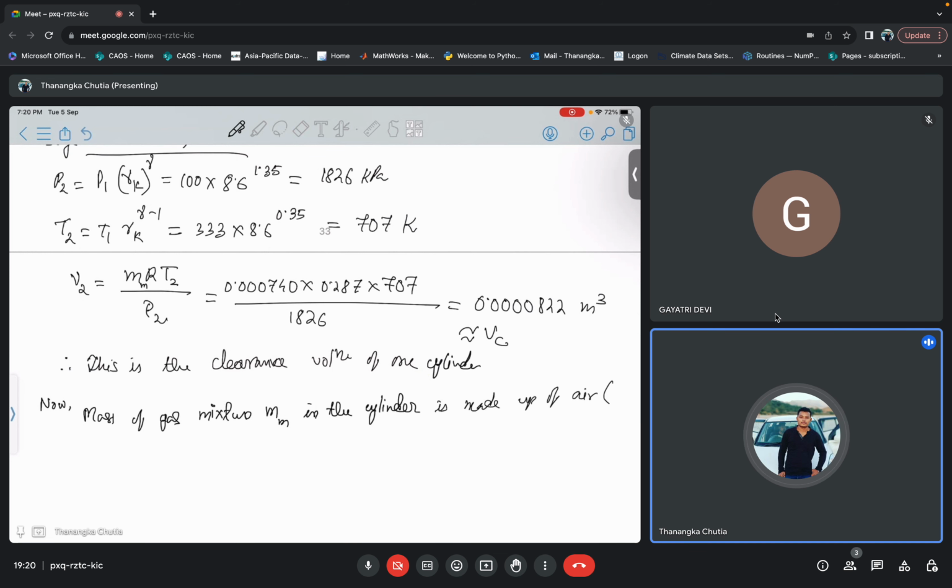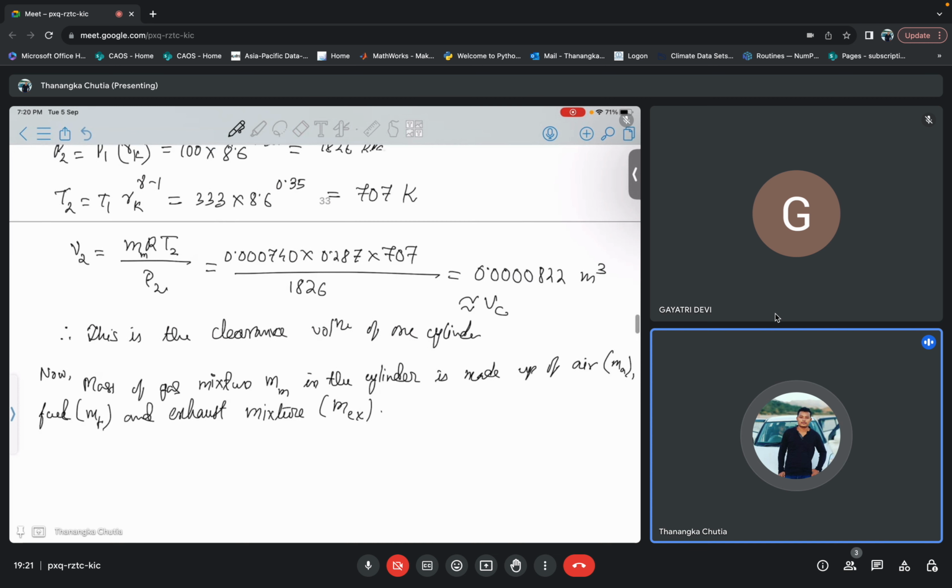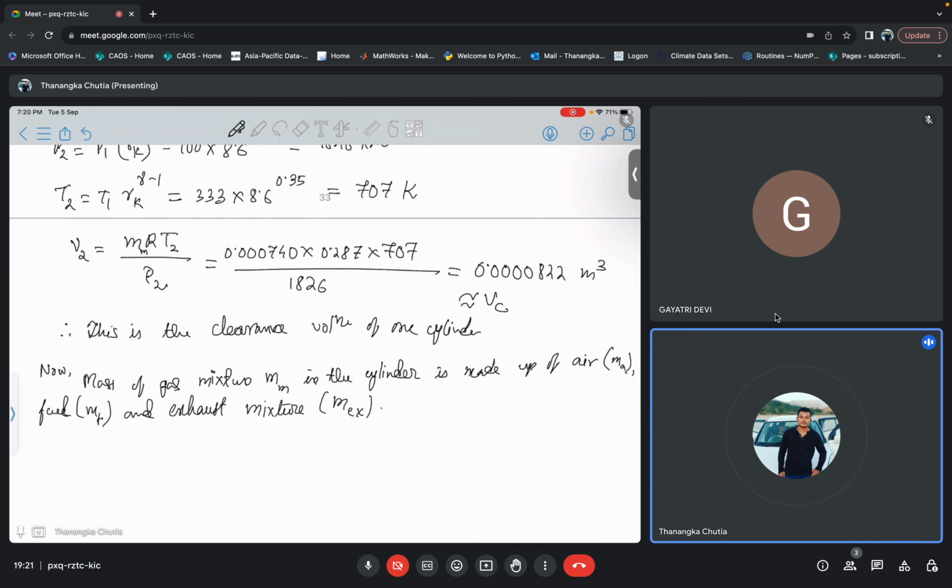If we consider the mass of the air as ma, it is also made up of fuel, which is say mass mf, and exhaust mixture. Okay, it's telling that 4% exhaust is already left, so let me assume this as ma. So this m is composed of ma, mf and m exhaust.